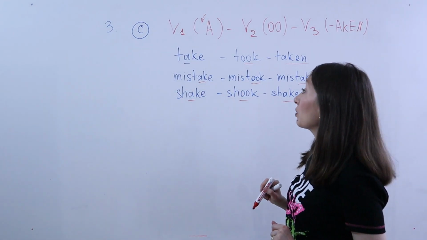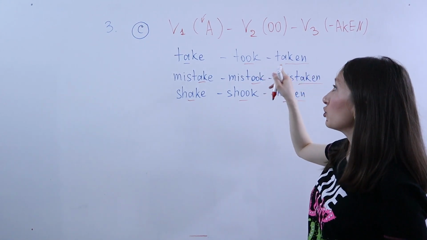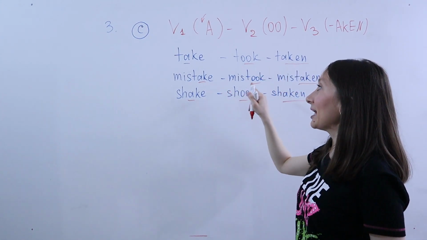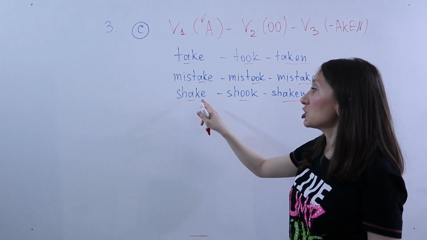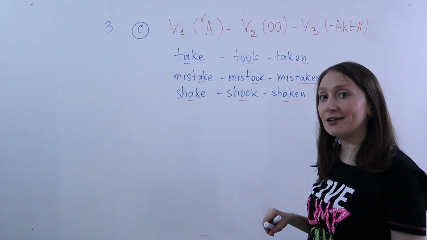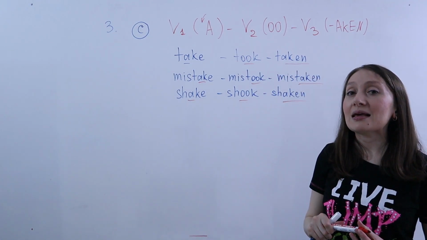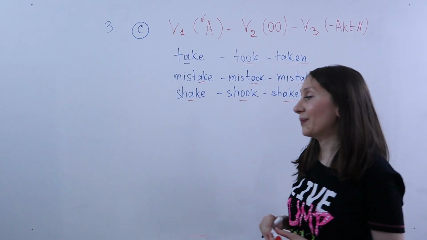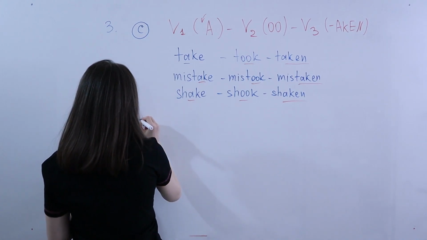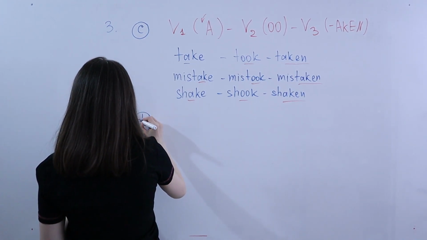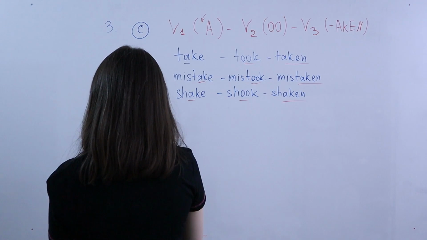Once again, let's repeat with me. Take, took, taken. Mistake, mistook, mistaken. Shake, shook, shaken. Alright? Now the category D, the last one of the group 3. So, it's the following.